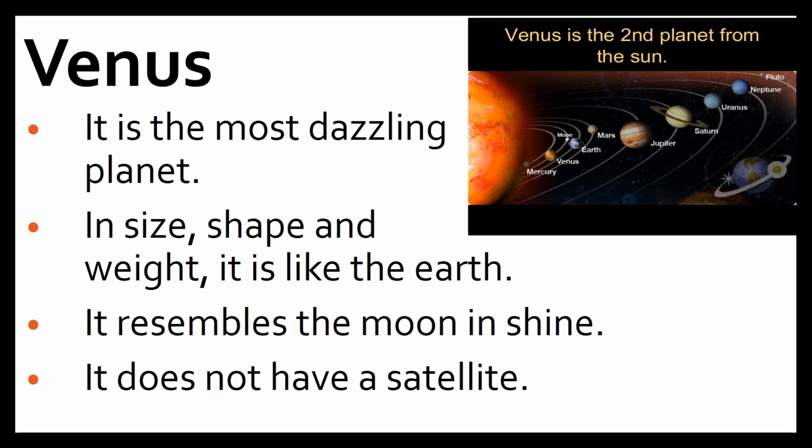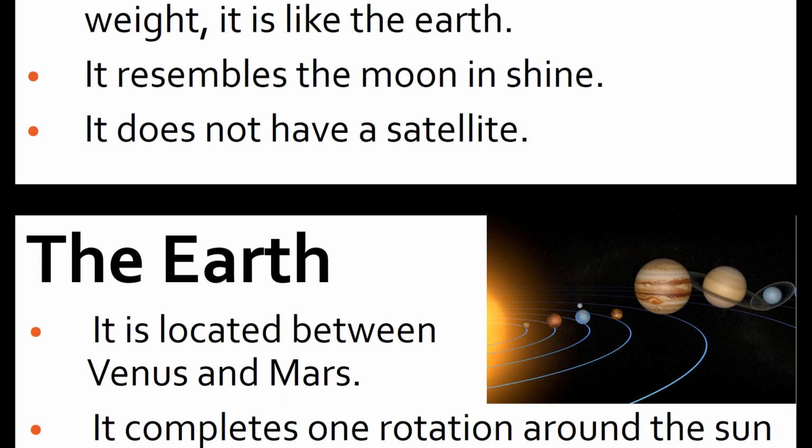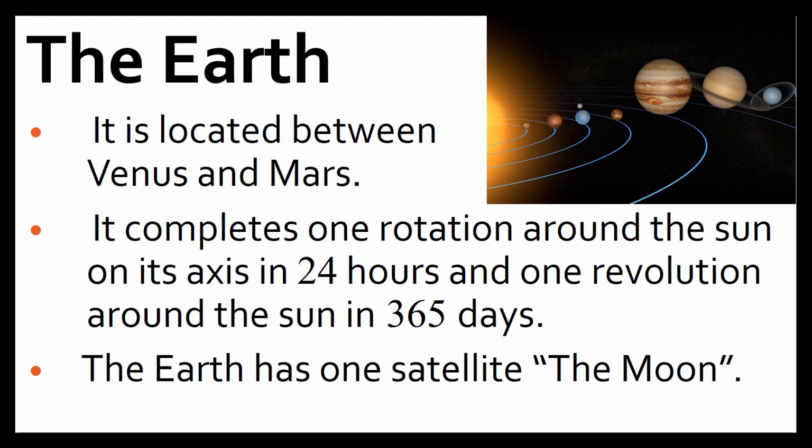Now that we know Venus, let's know about our planet, and that is our home, Earth. Now the planet Earth, which is our home, is third in line and it is one of the most unique planets in the solar system. So, why is it unique? What do you think? Because planet Earth supports life, right?